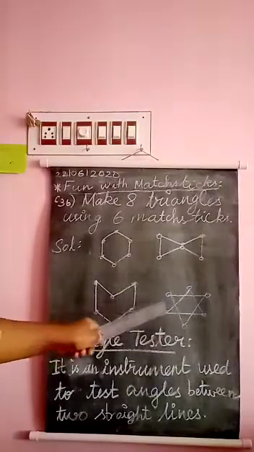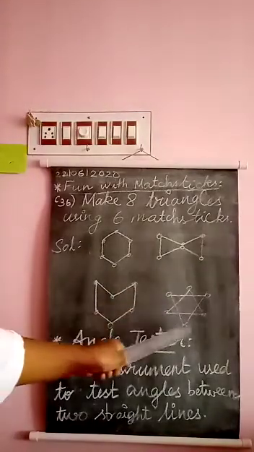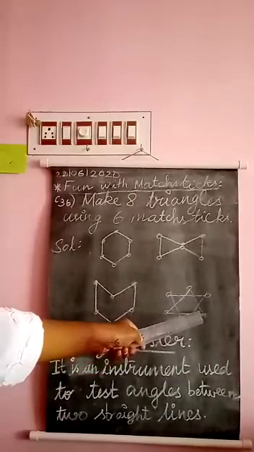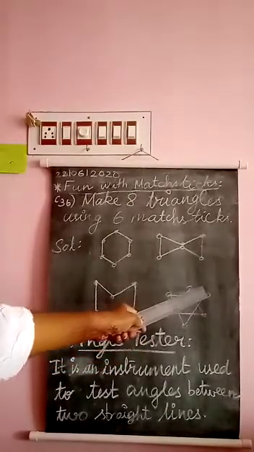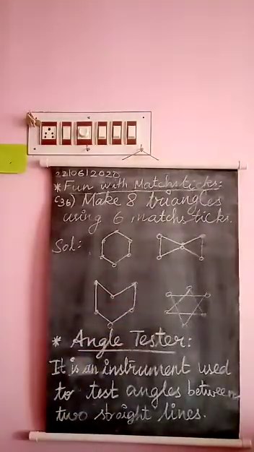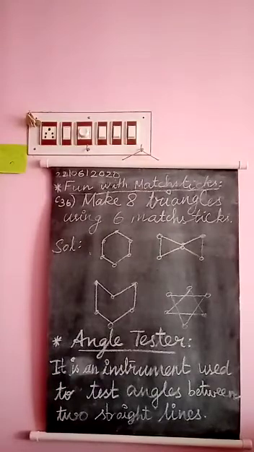Look here, 1 2 and 3 4 5 6 7 8. So this is the correct form of arranging 6 matchsticks to form 8 triangles. Is it clear?